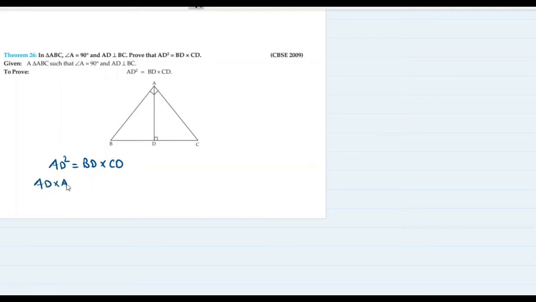AD multiplied by AD is equal to BD multiplied by CD. This will become AD upon BD is equal to CD upon AD. So what I did, I simplified AD square is equal to BD into CD, the statement we needed to prove, and then I converted it into a ratio.